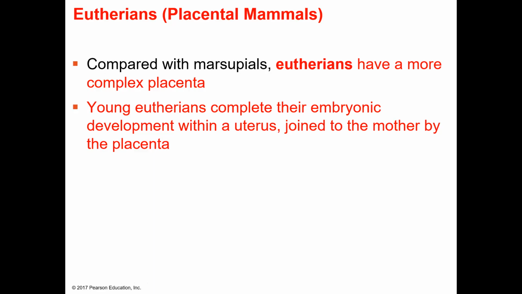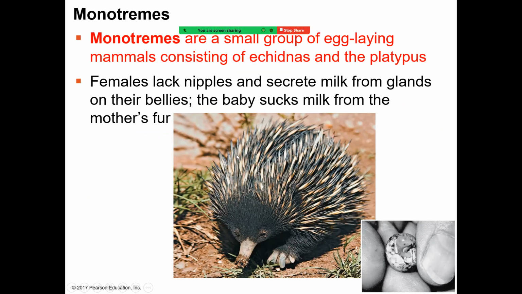So the offspring that are born to placental mammals are much more developed. They still require quite a bit of time under the care of the parents, but they are more developed than a marsupial is.